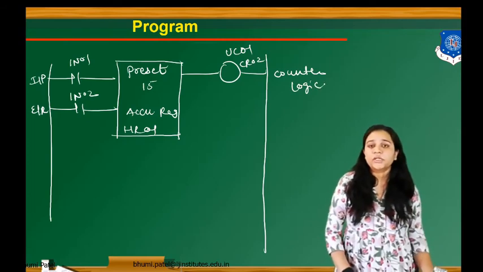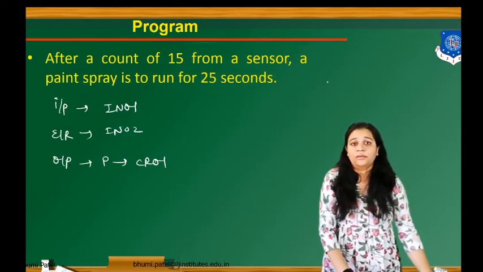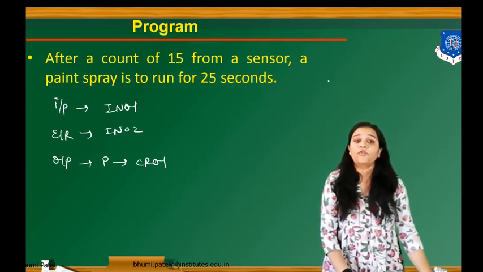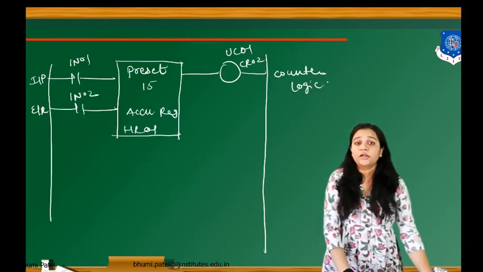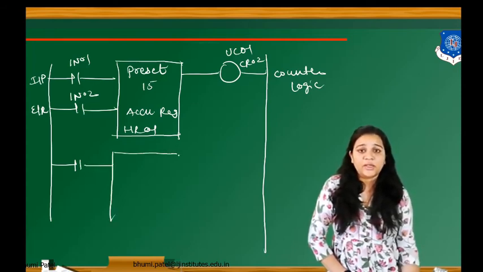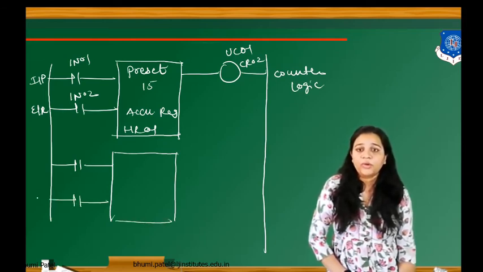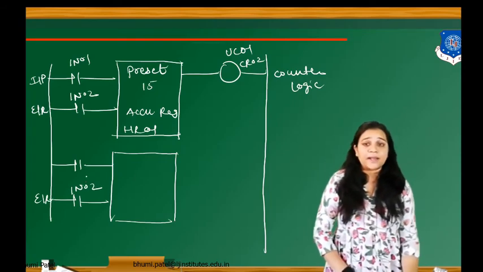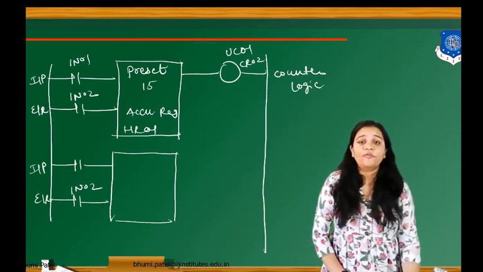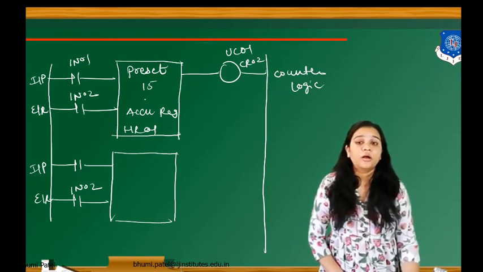Okay, now the next condition: after a count of 15 from a sensor, a paint spray is to run for 25 seconds. So here we can use a timer, and the condition for the timer is the same as for the counter, as we discussed earlier. We can take two inputs. The first input is enable or reset, the same that we used in the earlier rung, and the second input is, okay, after the preset value 15 is reached, we have to turn on the timer.